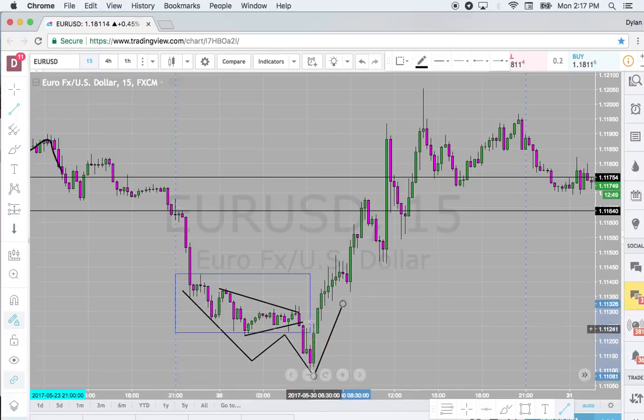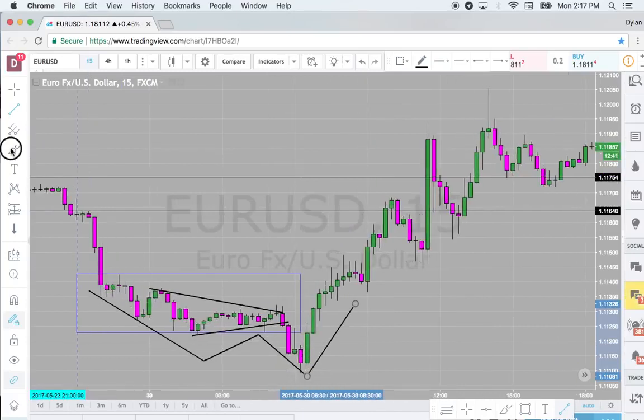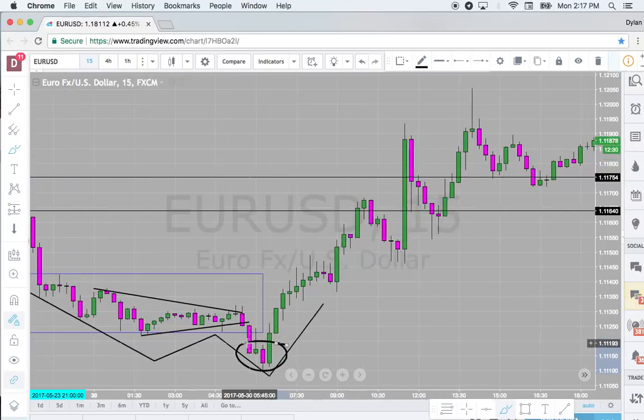A W formation, wedge breakout, second leg of the W to the low. Now, this is a little bit sketchy just because there are 2 confirming entry candlestick patterns here. I'm sure on the 1-minute chart or on a smaller time frame even, this is a W formation here.